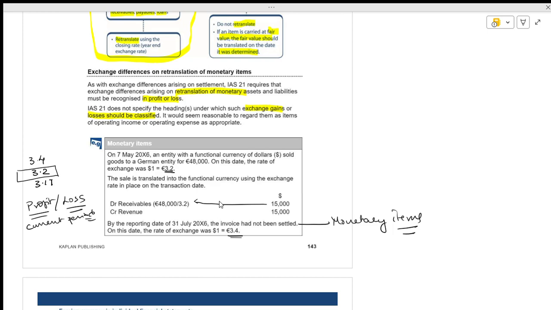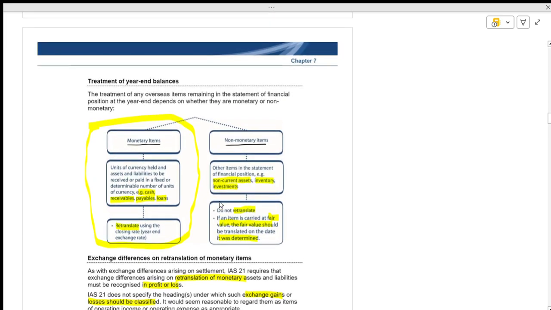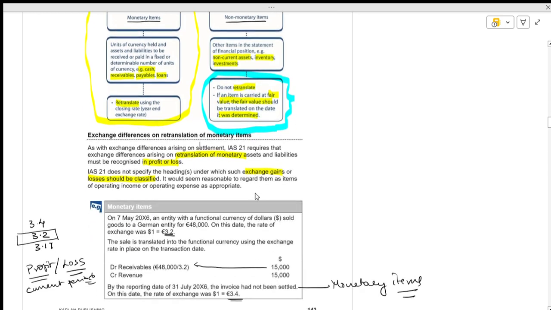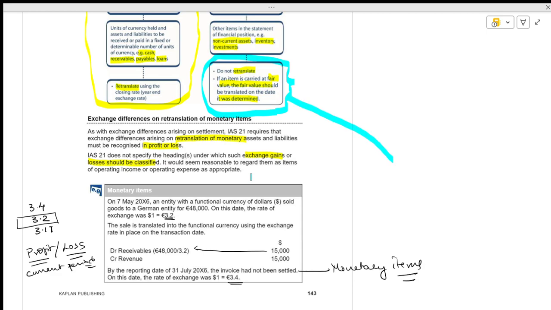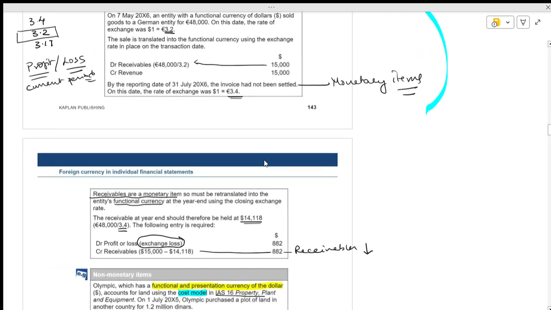Next, if the item is carried at fair value, the fair value should be translated on the date it was determined. This is the rule which is applied here.